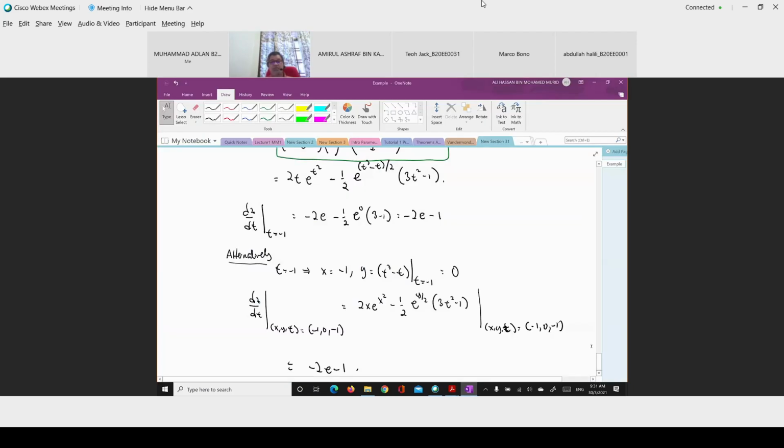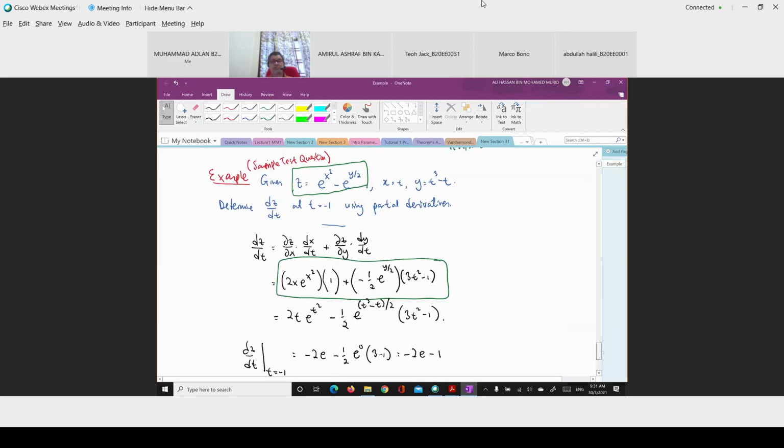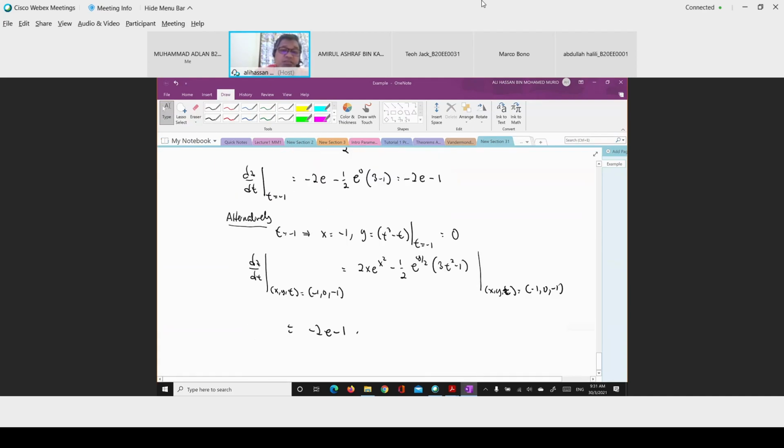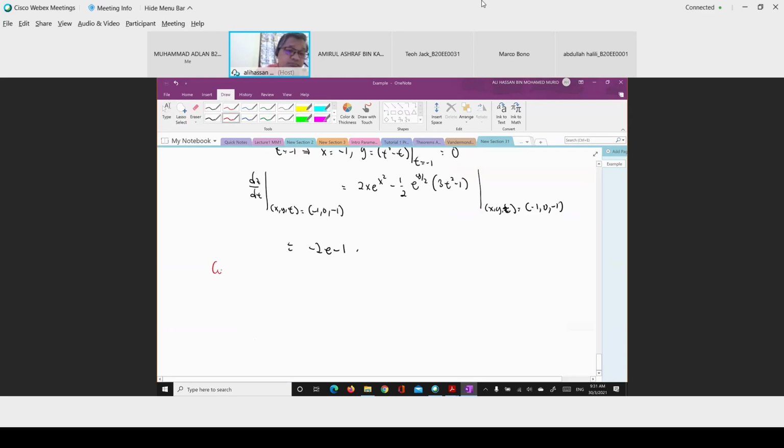Let's see an example. Before that, let me say something about common mistakes made by students when writing this chain rule. Some students write the chain rule in this form, everything using straight d, which is not correct.